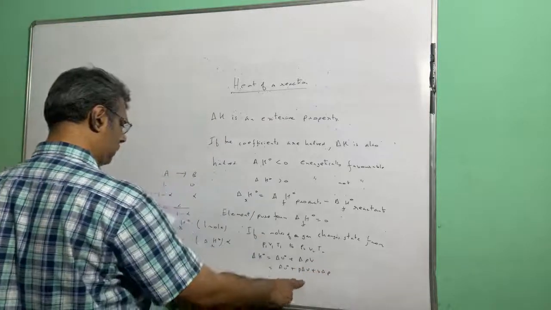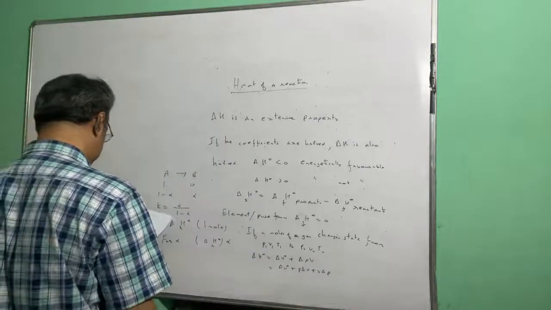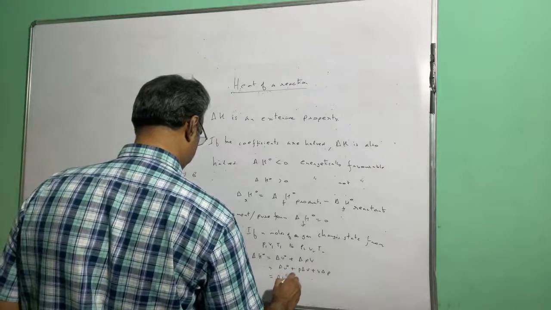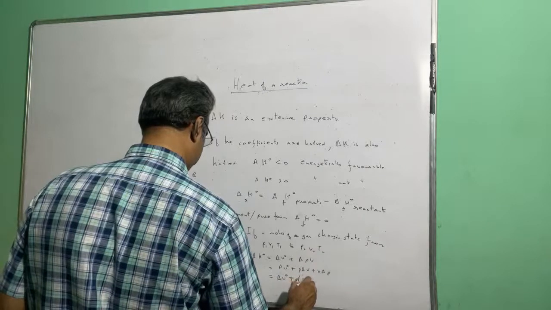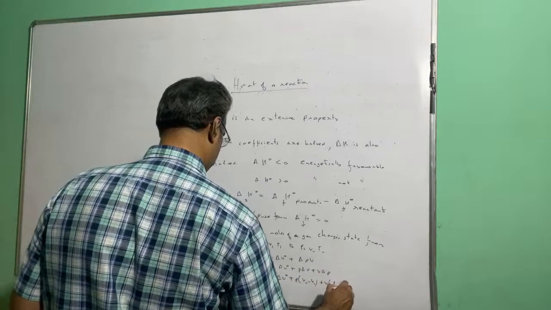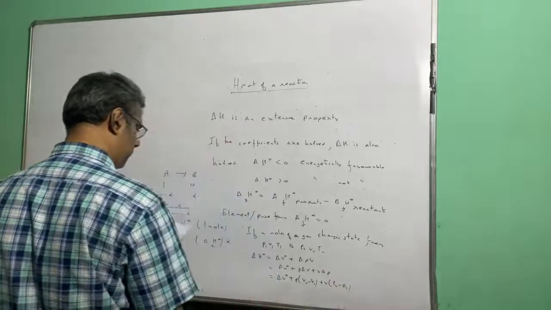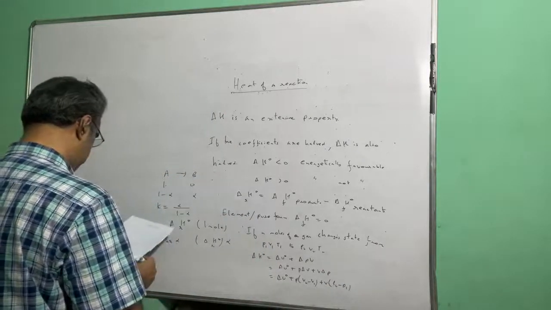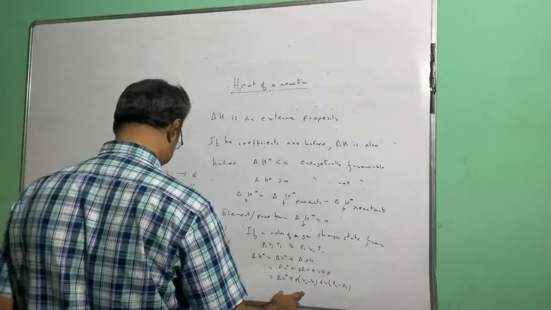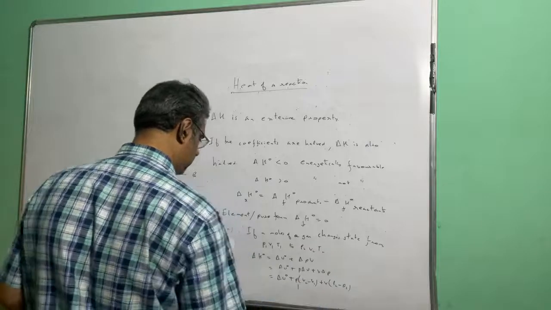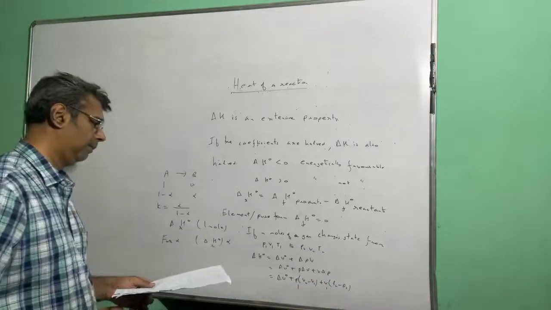So delta H naught is delta U naught plus P delta V plus V delta P. So delta U naught plus P into V2 minus V1. Actually P1 into V2 minus V1 plus V1 into P2 minus P1.